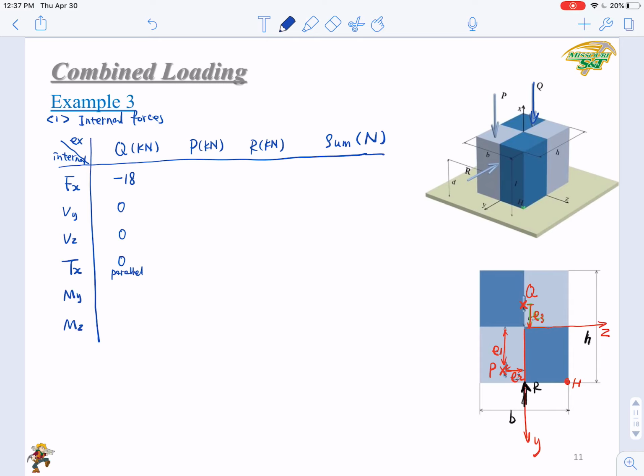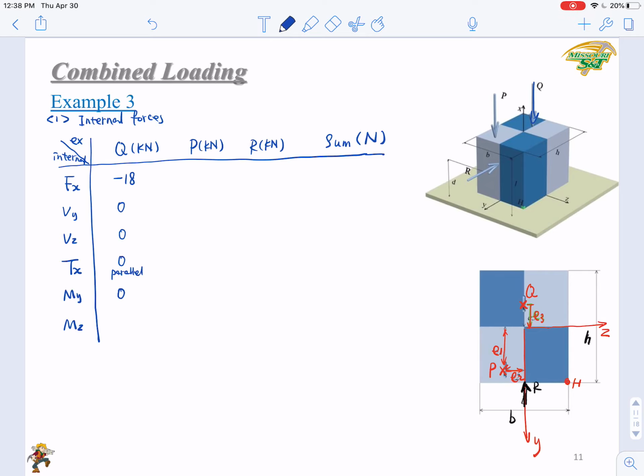Will it make My? Look at the Q. The Q is right on the y-axis, right? So this is 0. How about Mz? Will it generate Mz? So will it generate a bending moment with respect to the z-axis?